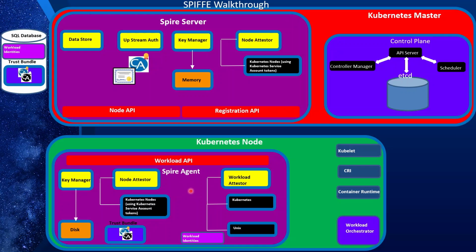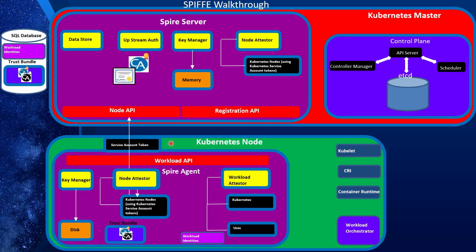The next step is for the agent to actually attest, or verify, the identity of this Kubernetes node. So it goes through the node attester, in this case the Kubernetes node attester, and what it does is get the service account token that is assigned to this node, and that token is signed by Kubernetes itself.